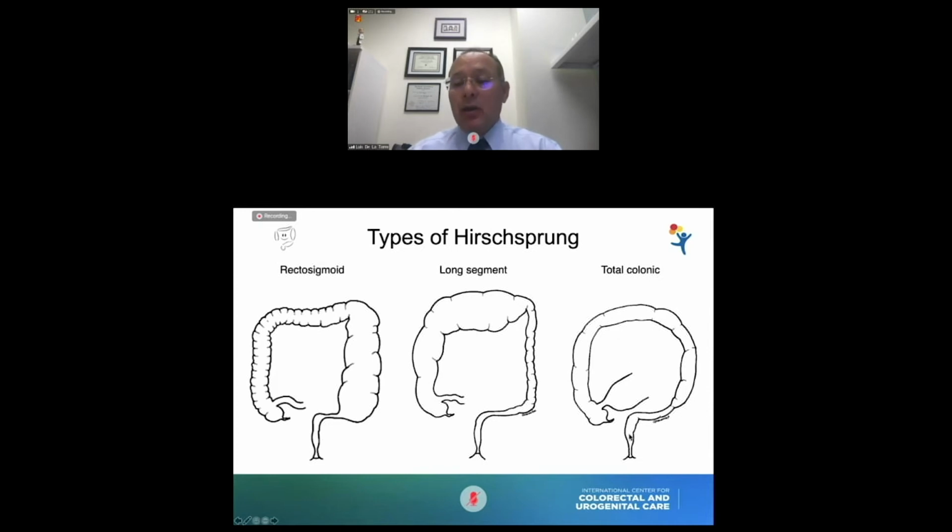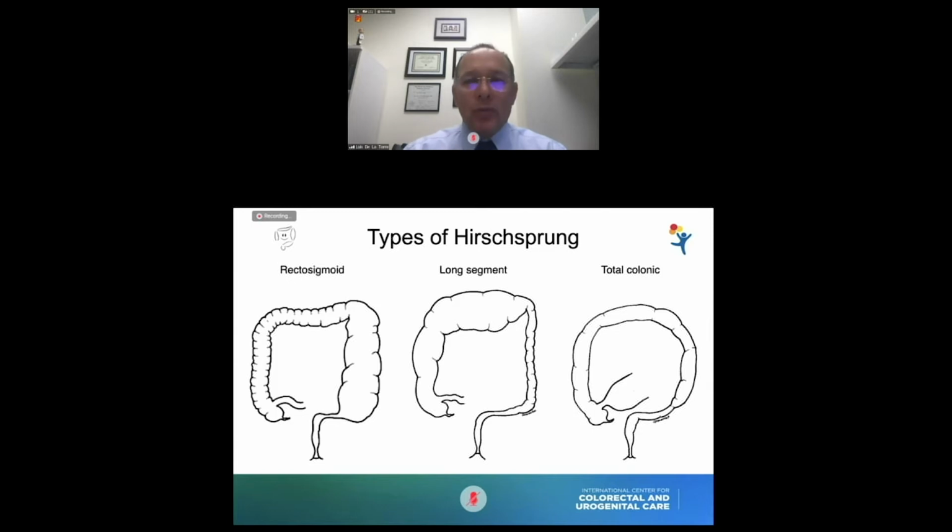And the total colonic affects the rectum, the sigmoid, the left, the transverse, and the right colon, and the dilated segment is going to be in the small bowel that we call the ileum. These three different types of Hirschsprung require a different operation. These three types also have different prognosis.